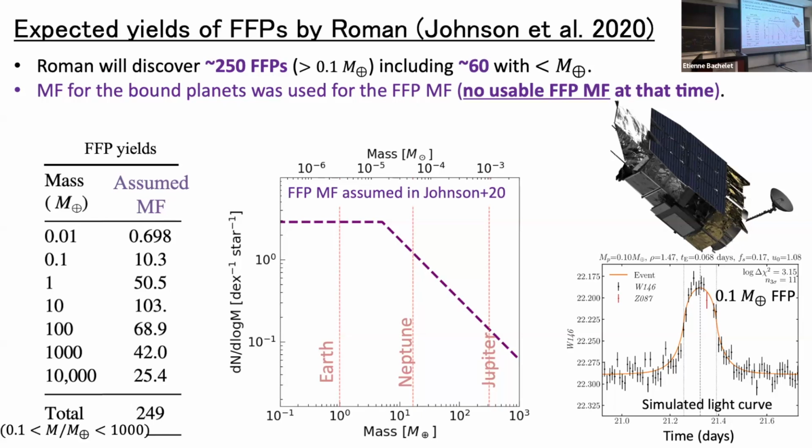But this estimate is based on a free floating planet mass function assumed to be the same as the mass function for bound planets, because there was no usable FFP mass function at that time.